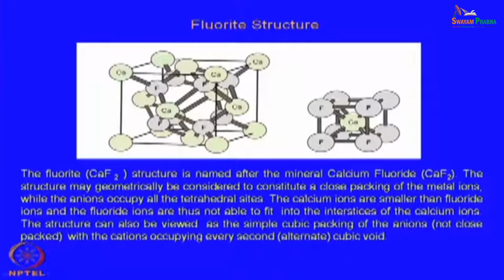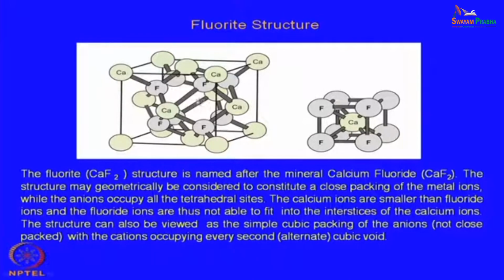That is one way of describing the structure. The same structure can be viewed in different ways. Anyway, this is the particular way you can describe the arrangement of calcium and fluorine ions in a calcium fluoride structure. Now, this is what we call a structure type.